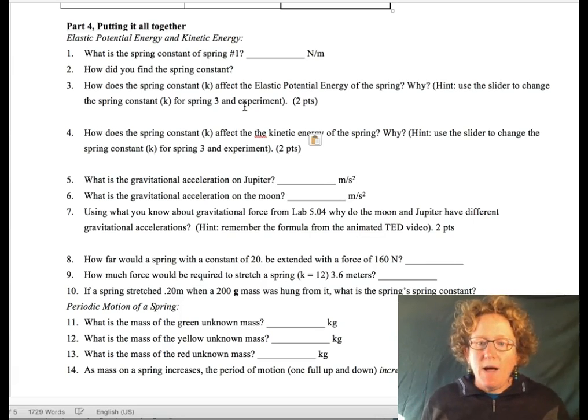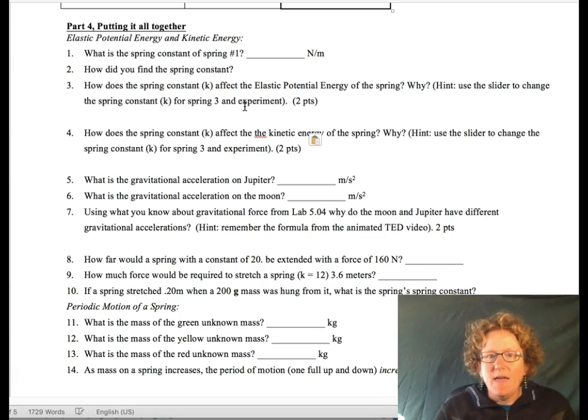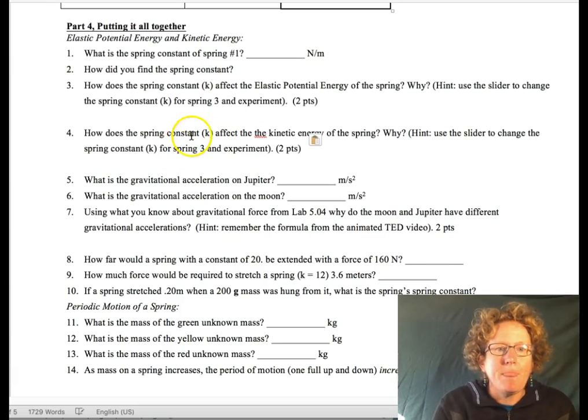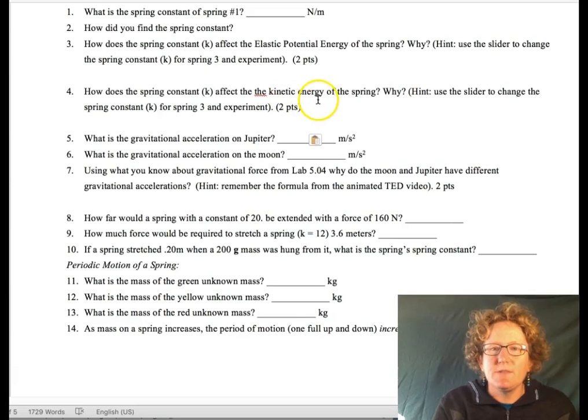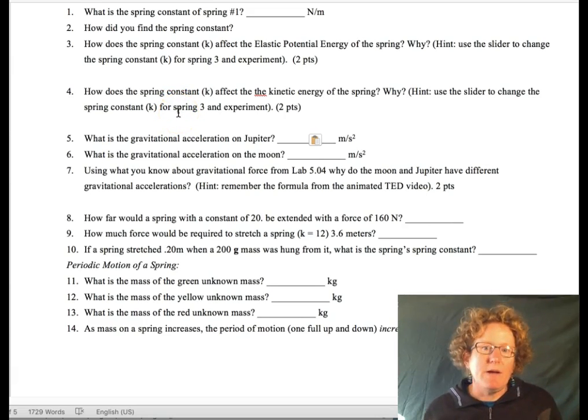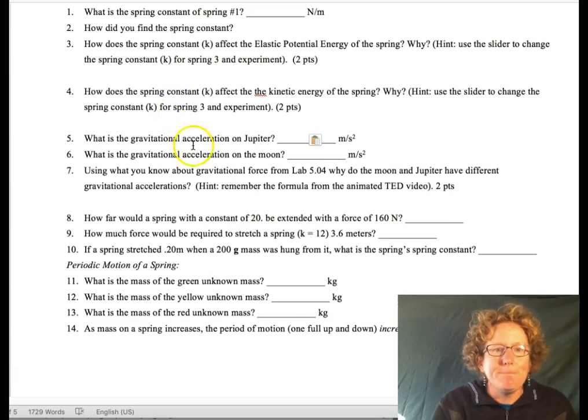So how does the spring constant, the K, affect that elastic potential energy, that springing back up of the spring? How does the spring constant affect the kinetic energy of the spring? So you might want to use the slider to change the spring constant for spring 3 and play around a little bit to find the answer to that one.